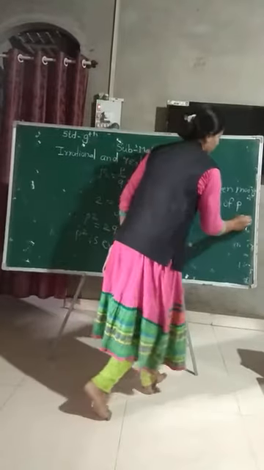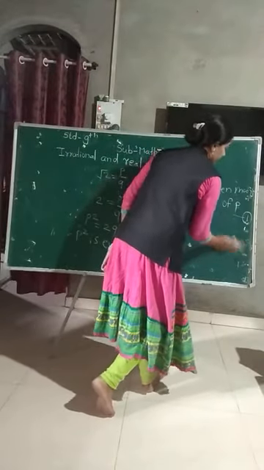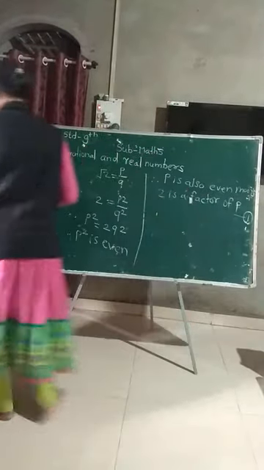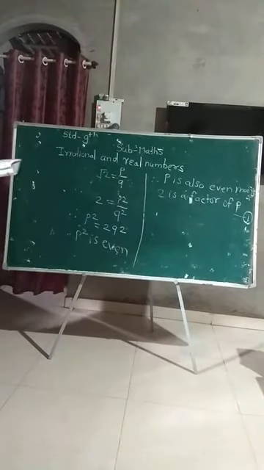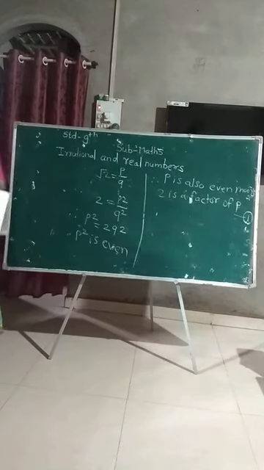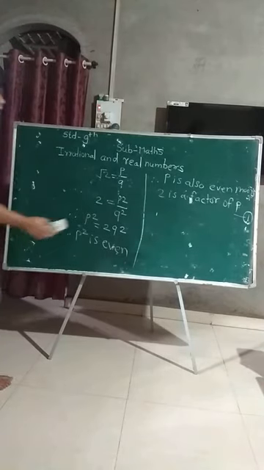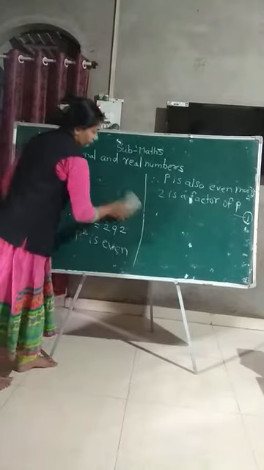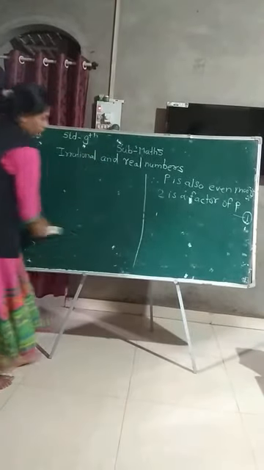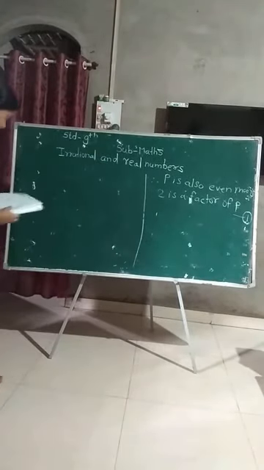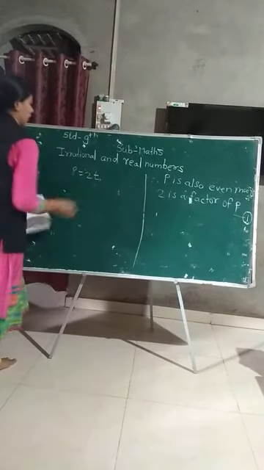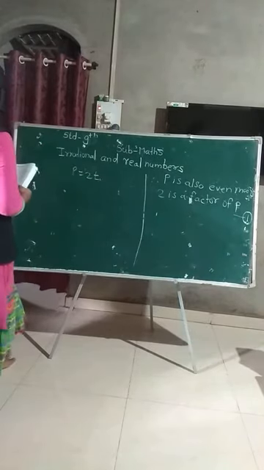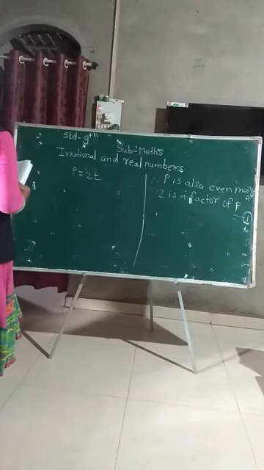Call this statement number 1. So 2 is a factor of p. So we write p is equal to 2t, because 2 is a factor of p.